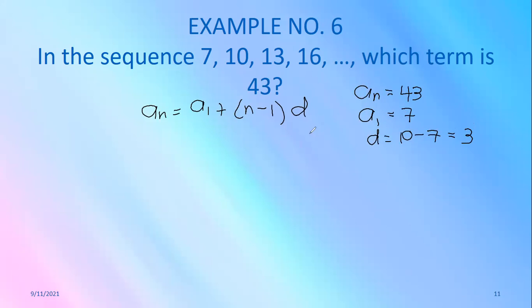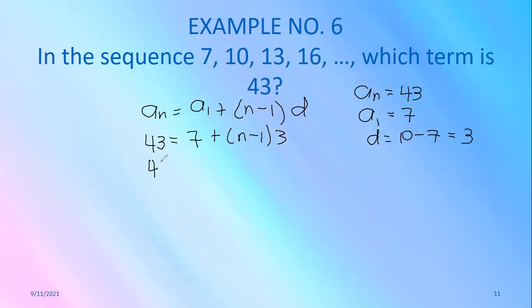So we substitute everything in the formula. This will be 43 equals your first term, 7, plus n minus 1 multiplied by the common difference, which is equal to 3.